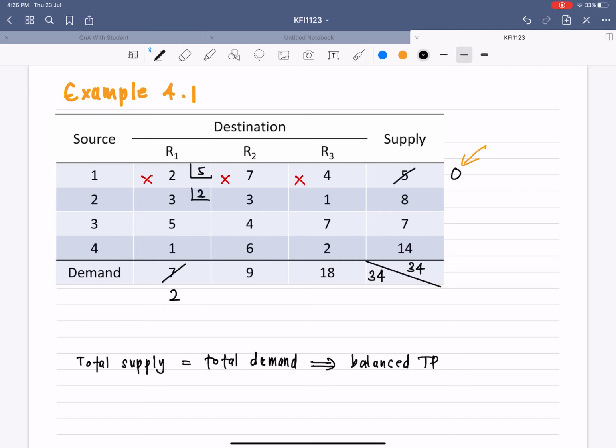When we consider 2, that means here we have 2 minus 2 is 0, and then 8 minus 2 is 6. So now we have 0 here, therefore we will cancel out the first column.